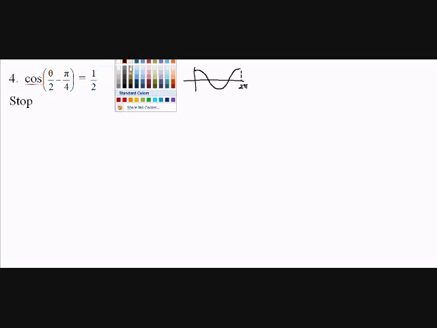If we graph, let's use this color, theta over 2, that's going to double it. So we're going to reach the halfway point here. So we're going to cross here. It's going to go something like this, where this is 4 pi. So it looks like we're only going to have one solution when cosine is equal to a half.